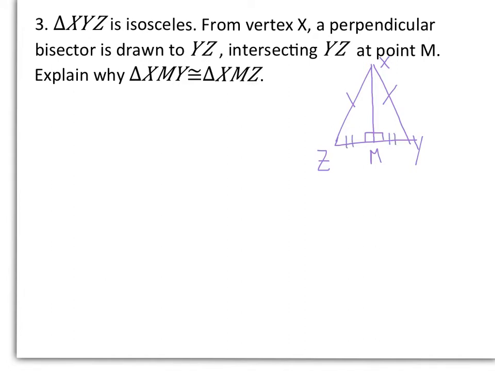Okay, so why is triangle XMY congruent to triangle XMZ? Well, we're going to list a few things here. We know that XZ is congruent to XY because it's an isosceles triangle.